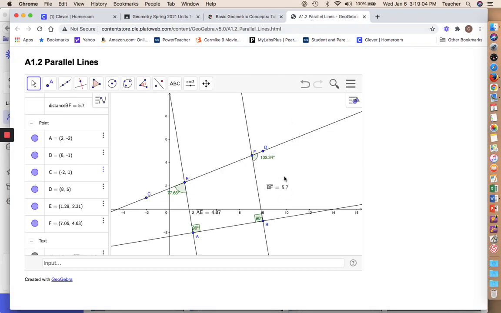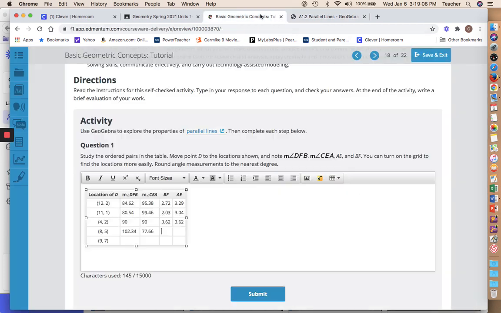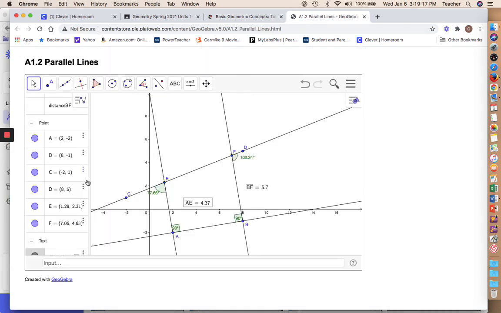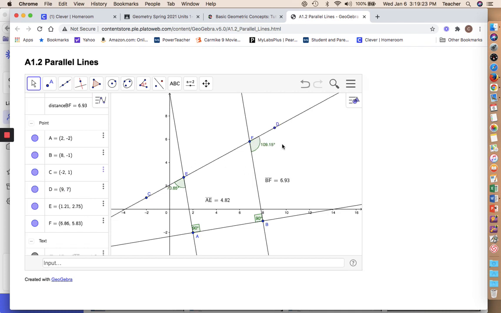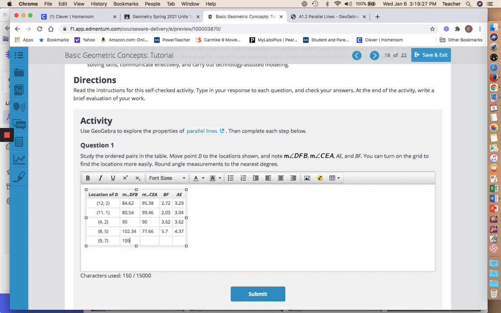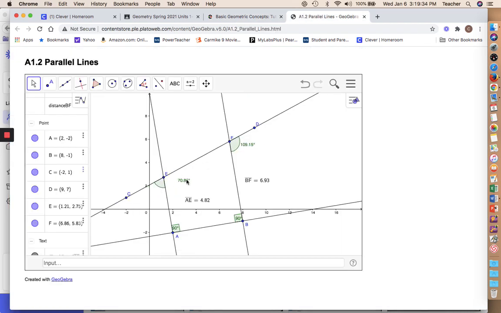Then 5.7, 4.37. All right, moving it to 9.7. So let's change this to a 9. Change that to a 7. Enter. 109.15. And 70.85.